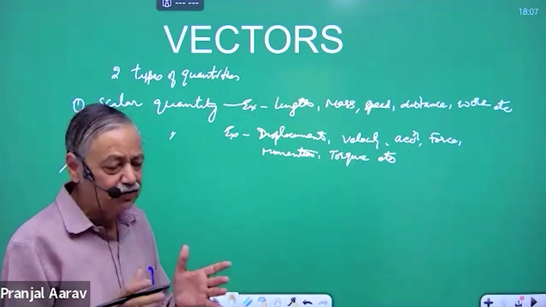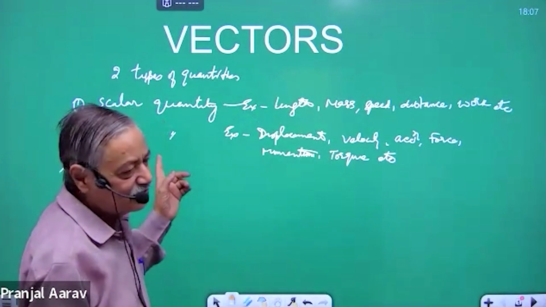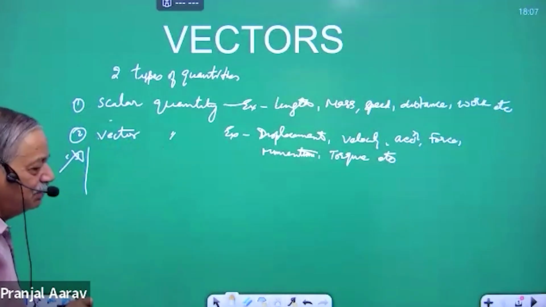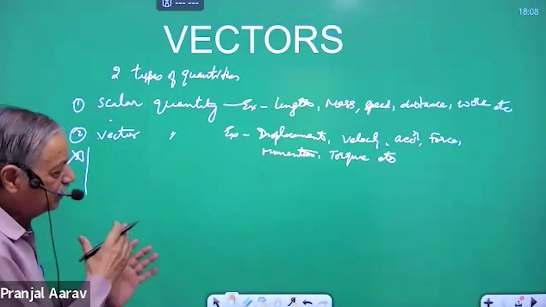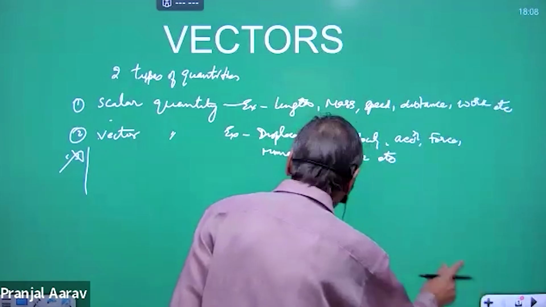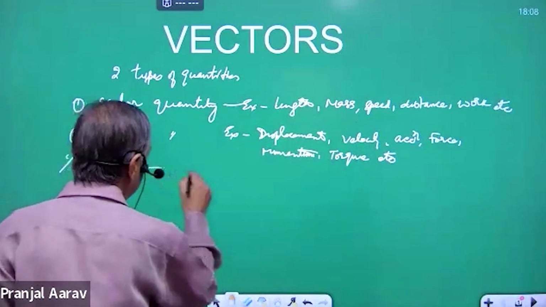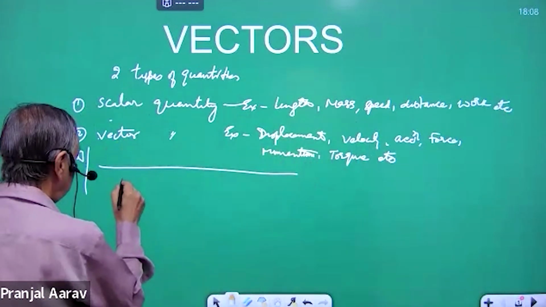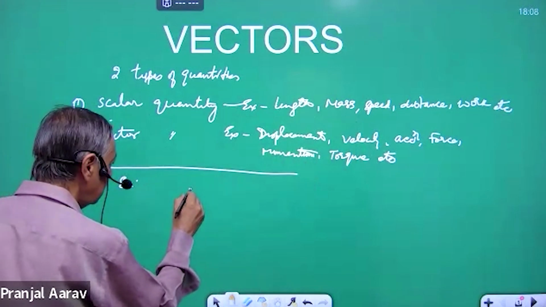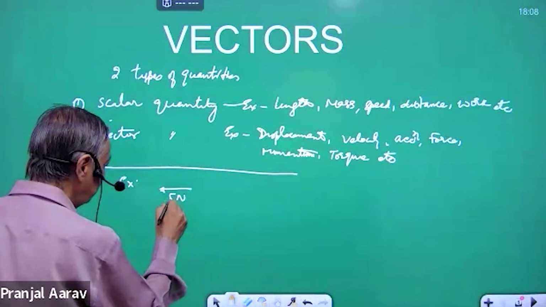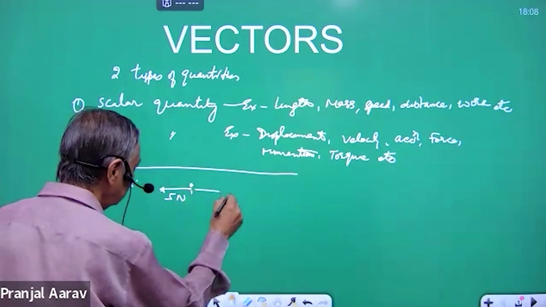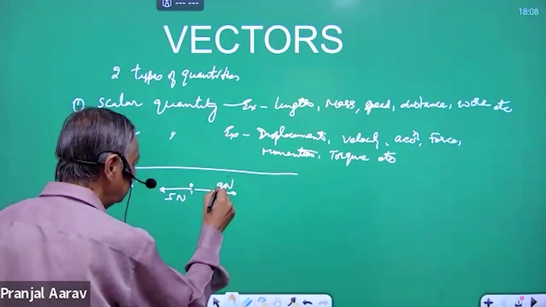That is arithmetical calculation. But vectors, the sum can be 0, the sum can be positive, the sum can be negative. It all depends on what is the orientation. Okay. So, example, say 5 Newton is acting this way, and on the same point, 9 Newton is acting this way.